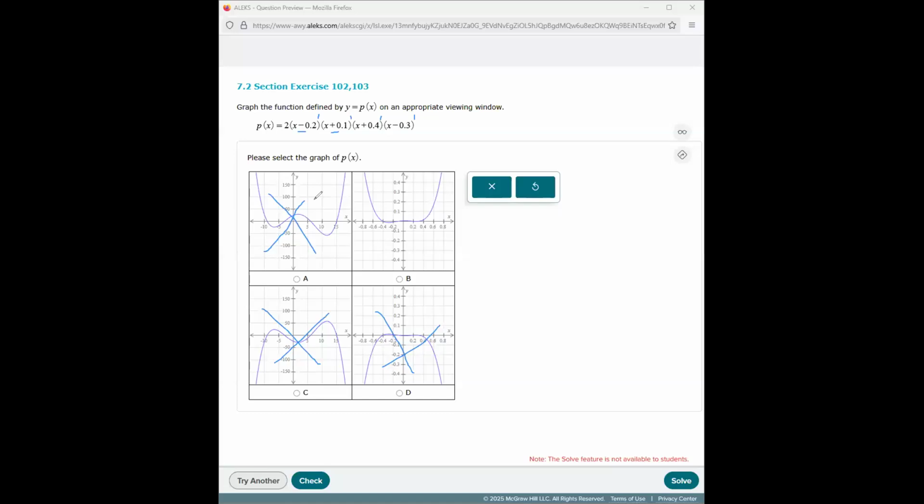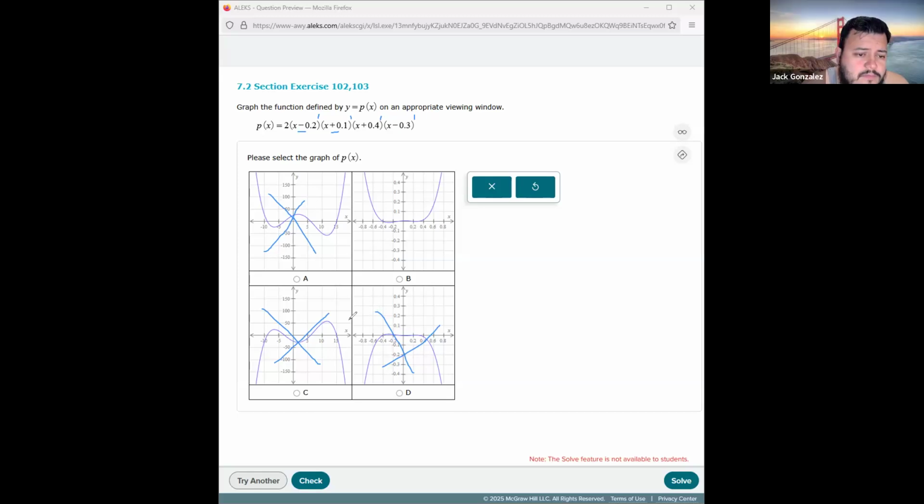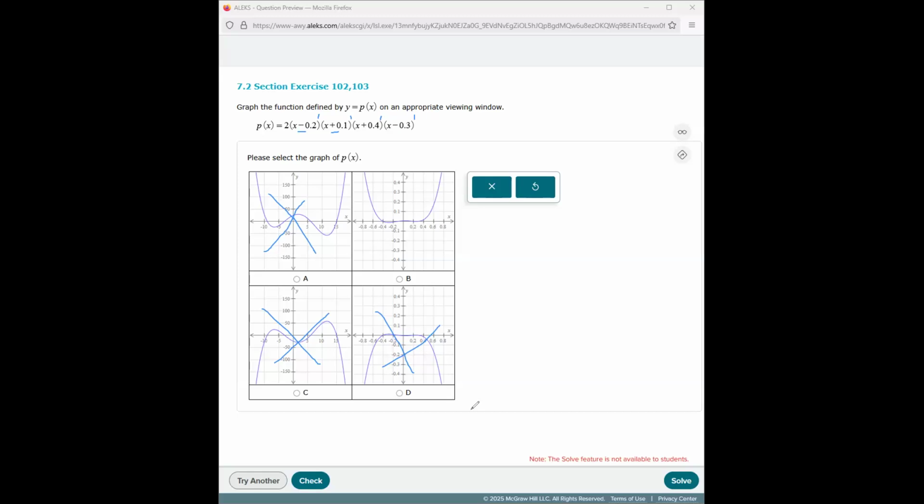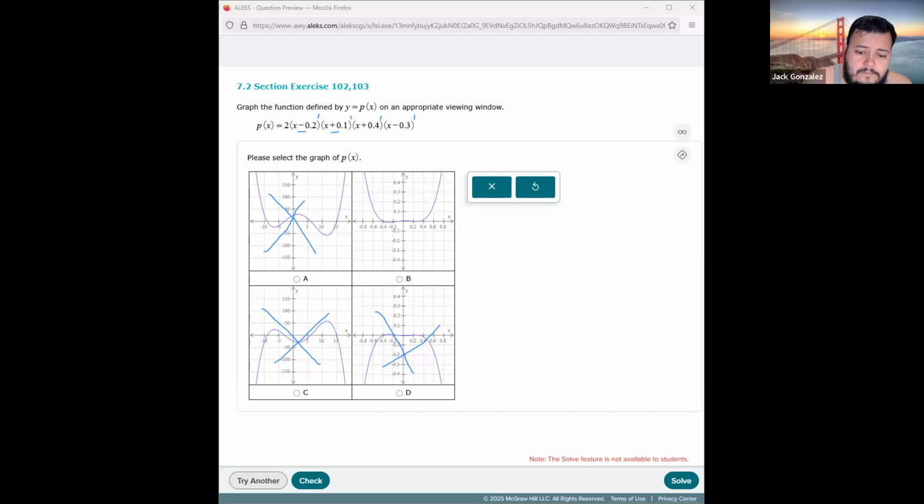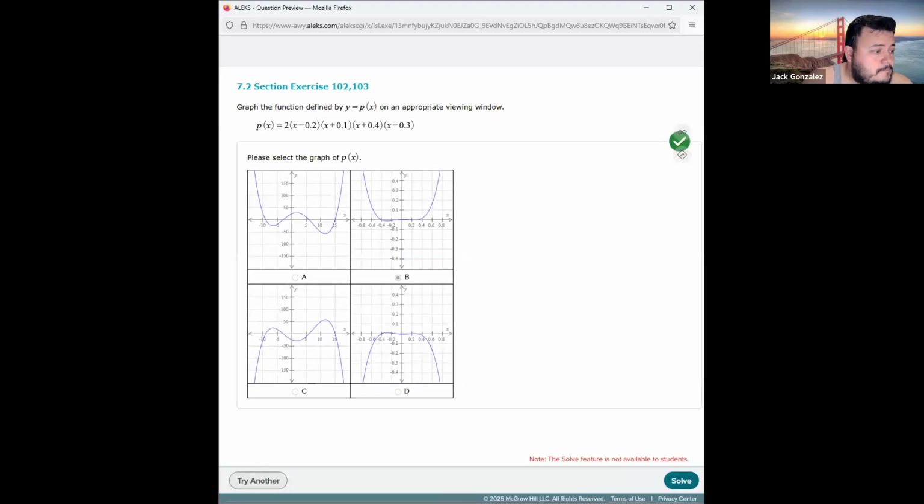And I was left with B and D, and then I looked at D, and there was no reflection, so I knew there was something going on with it. You can rule them out pretty quickly if you remember the degree and the end behavior and your zeros. That's enough to find the answer. So it should be B. So you're right. Does that make sense, how we ruled it out?